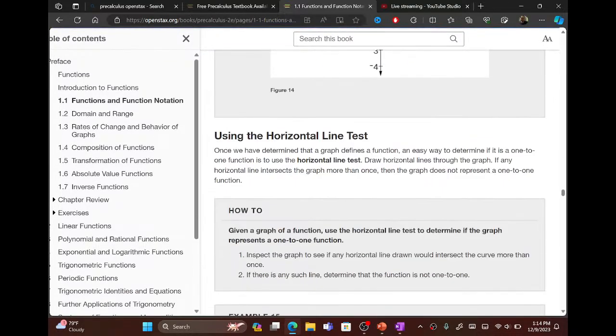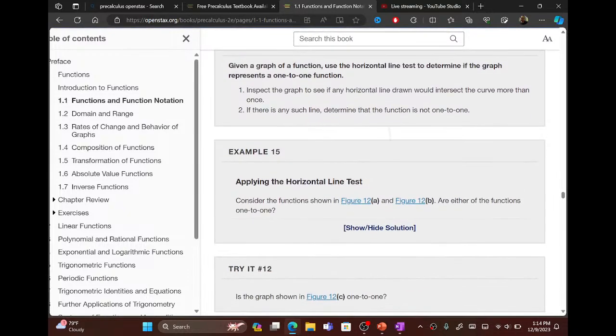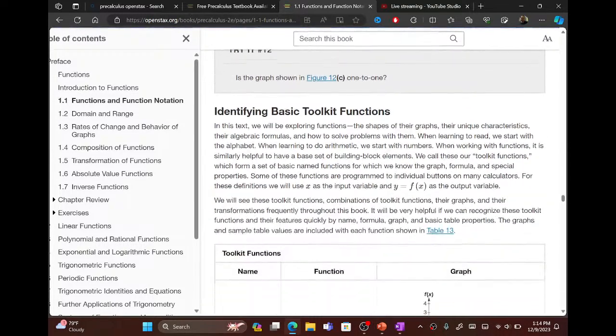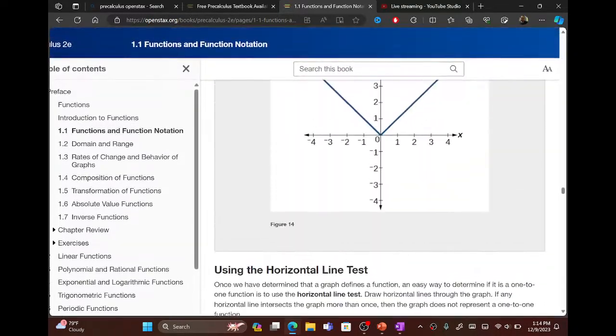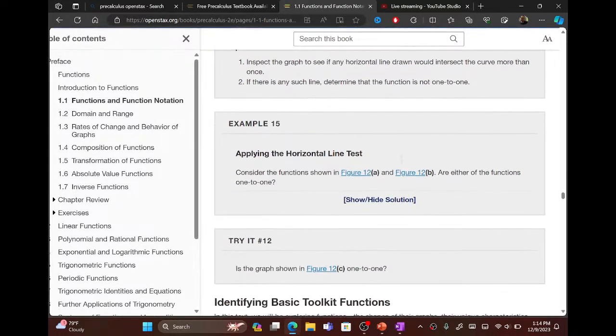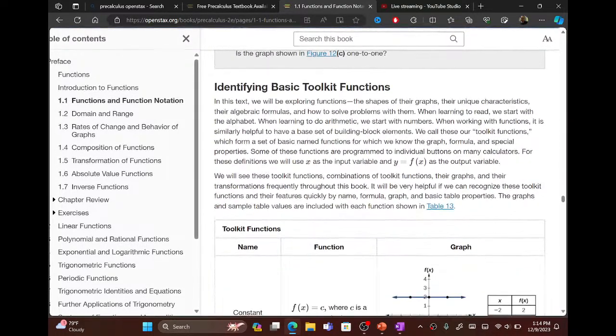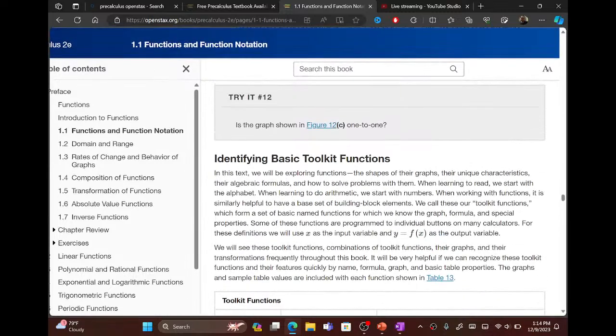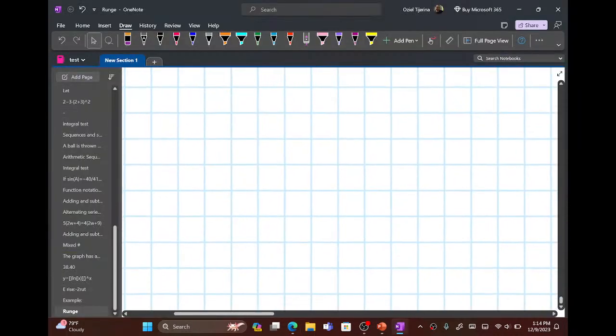The horizontal line test is different. That just means that if there is an inverse, okay? I'm just going to briefly explain all of this stuff.